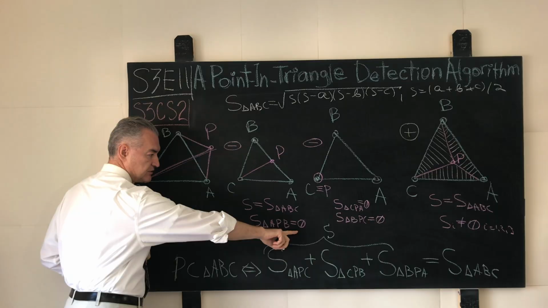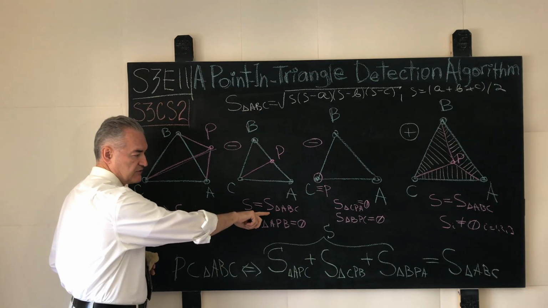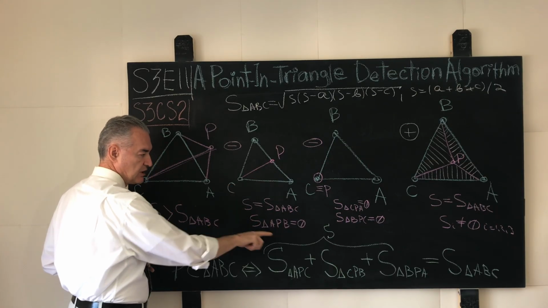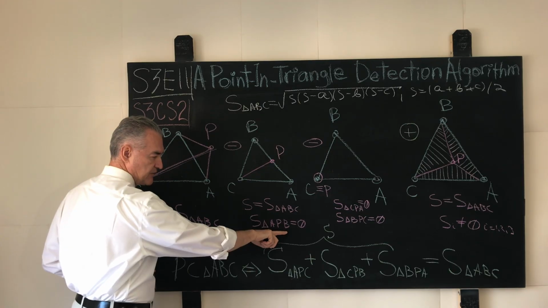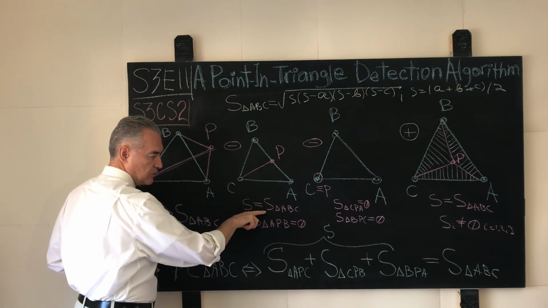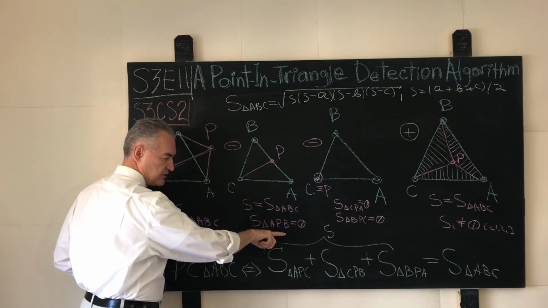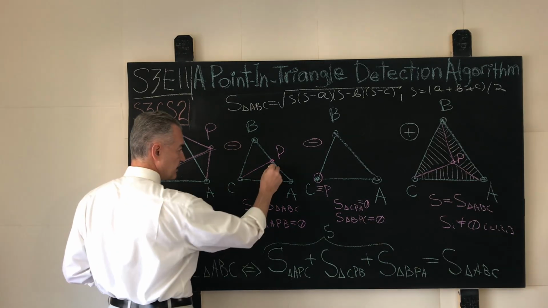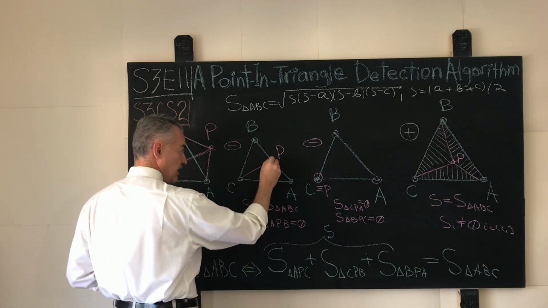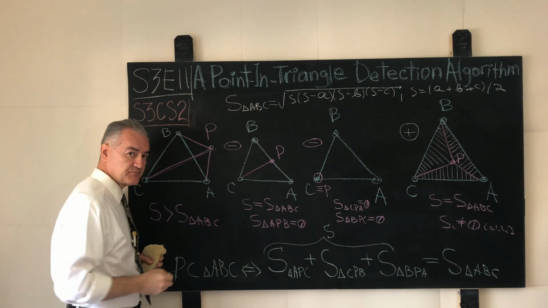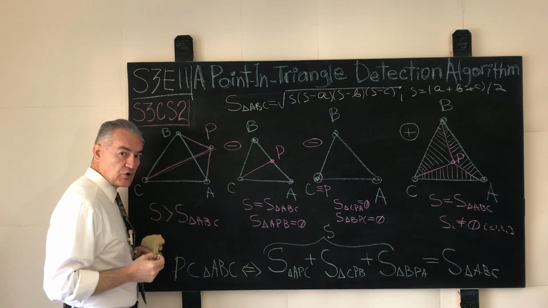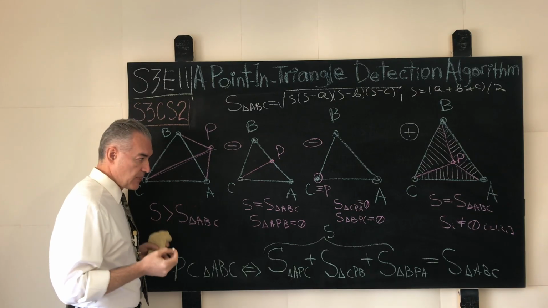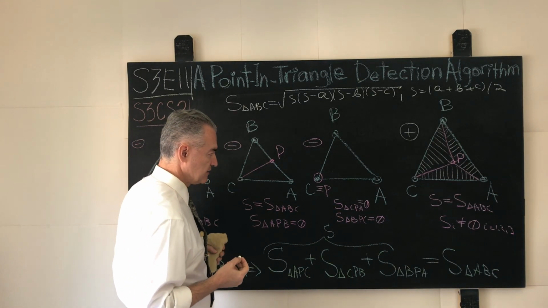Its area is 0, and though we have the equality between the areas of the given triangle ABC and the sub-triangles, we carefully know that in this case, if these areas equal one another, but precisely one triangle's area is 0, then we also return false from our algorithm. It is not the case that the point P is located strictly inside, and in this case we can even predict that the point P sits on one of the sides of the given triangle, and we can even print out and deduce which side that is.